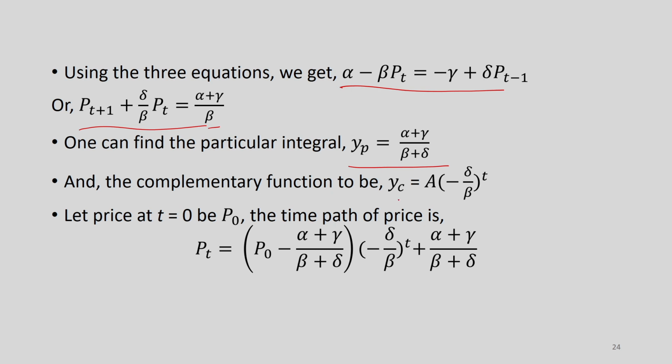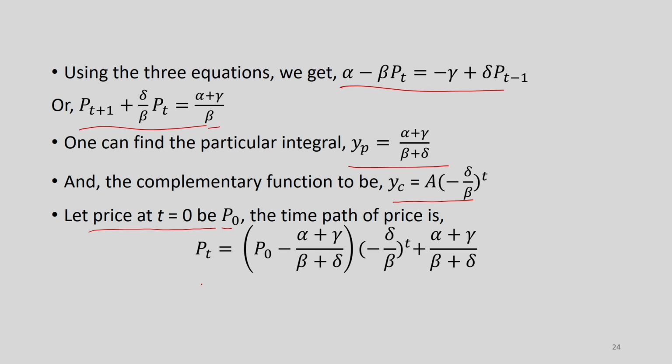Similarly, we can jump certain steps and find the complementary function. It will be A, an arbitrary constant, multiplied by minus delta divided by beta, whole to the power t. And suppose we have a certain initial condition at t equal to 0, the price prevailing in the market is given by P0, let us suppose that is known to us.